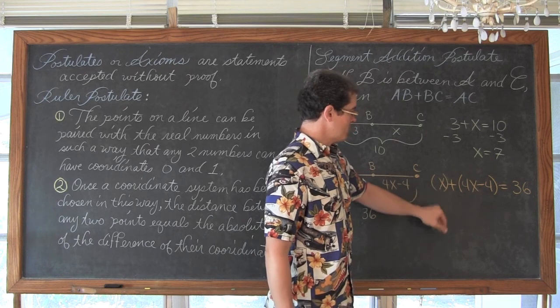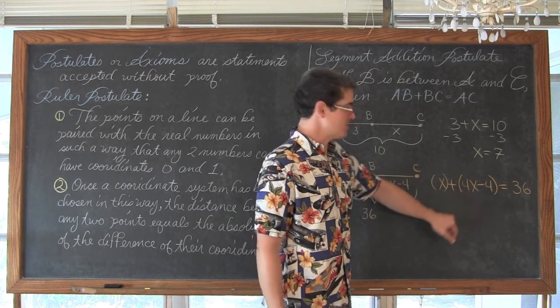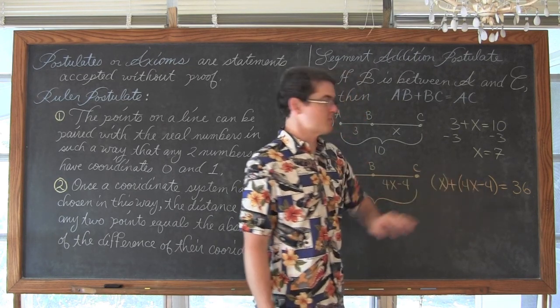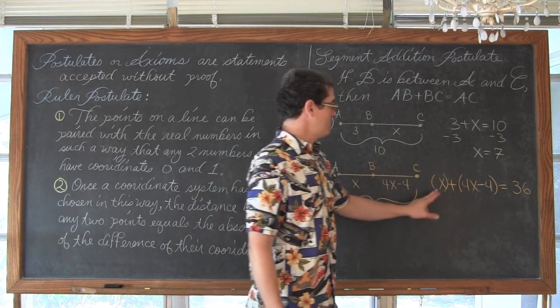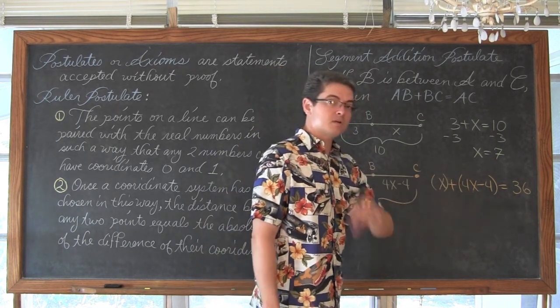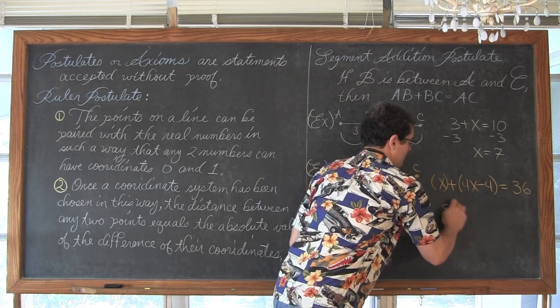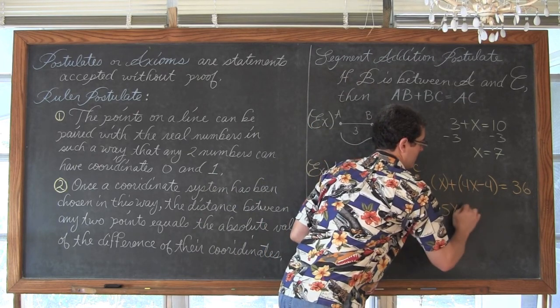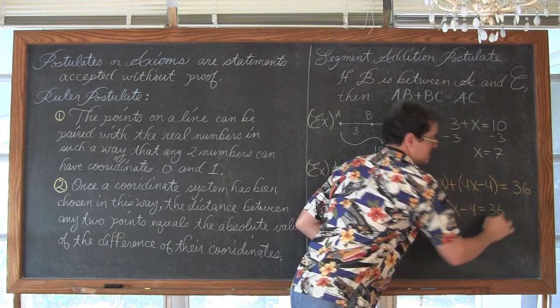So we're going to add like terms. We have an x and a 4x. Like terms have the same variable and the same exponent on those variables. So when we add like terms, we just add the numbers out front. So 1 plus 4 is equal to 5. So we get 5x minus 4 is equal to 36.